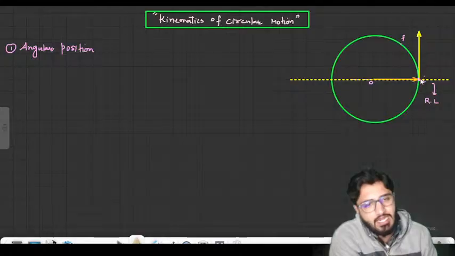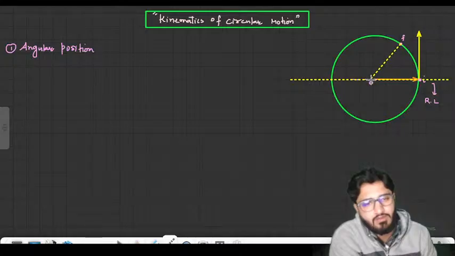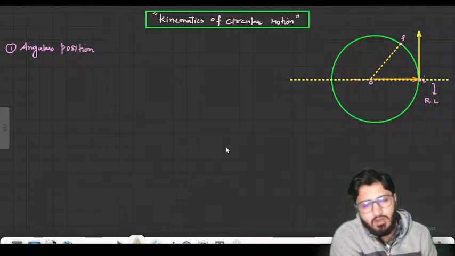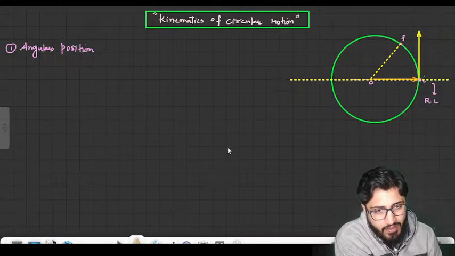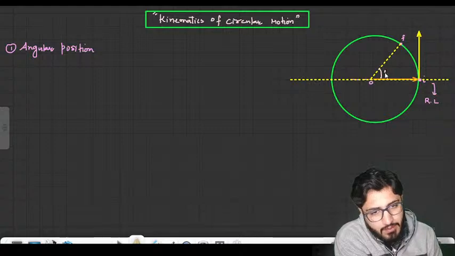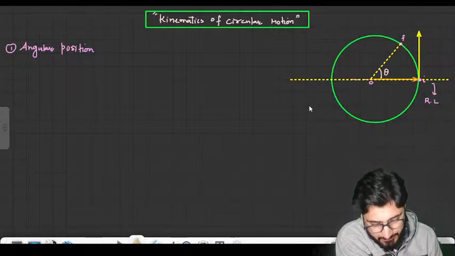Initially the particle is at this particular point here, finally it is here. Look now. If you want to describe where your particle is, you will write that my particle is at angle theta from the reference line.